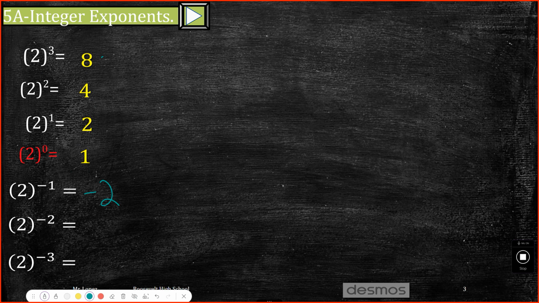Why would we all of a sudden change the rule that I just said? 8 divided by 2 is 4. 4 divided by 2 is 2. 2 divided by 2 is 1. 1 divided by 2. What's 1 divided by 2? I think it's just 1/2, 0.5, but I'll leave it as 1/2.